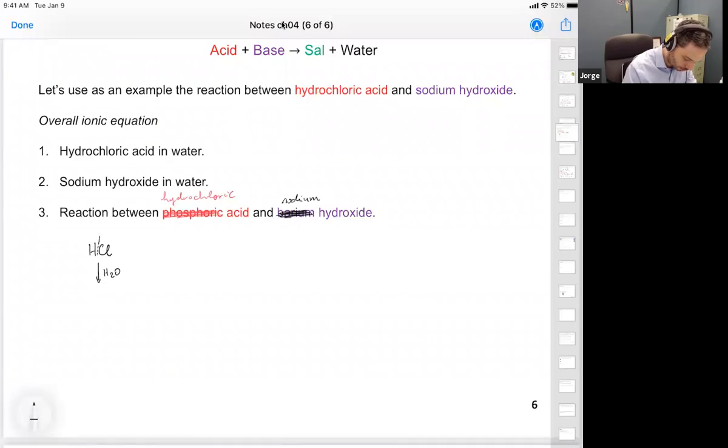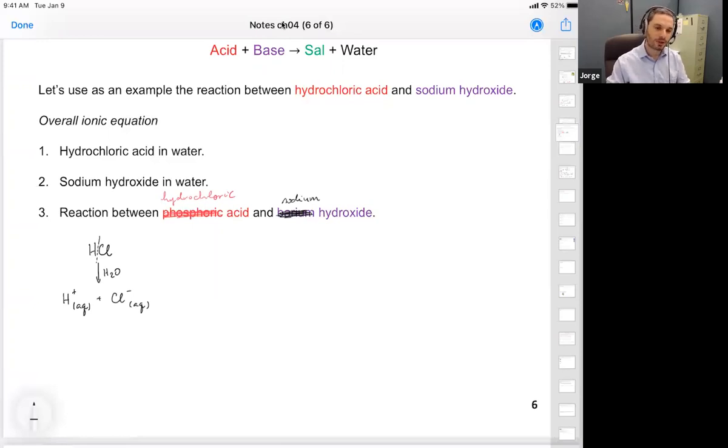Again, the bond here is going to be broken. So we have H plus. Because now this ion is dissolved in water, we must indicate aq here. And the counterpart that is formed is Cl minus. And this is dissolved in water as well, and then we are going to indicate aq.